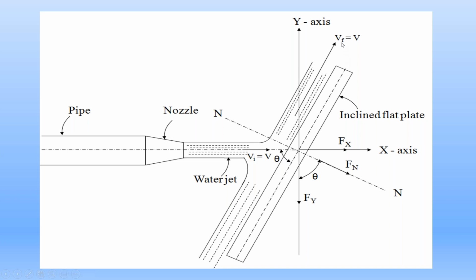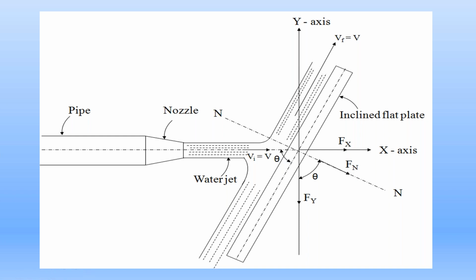Coming to the final velocity of the water jet Vf, that is also V. But this final velocity with this normal line, that is in the direction of force Fn, is making an angle of 90 degrees. So the final velocity of the water jet in the direction of force Fn is Vf cos 90, that is 0.